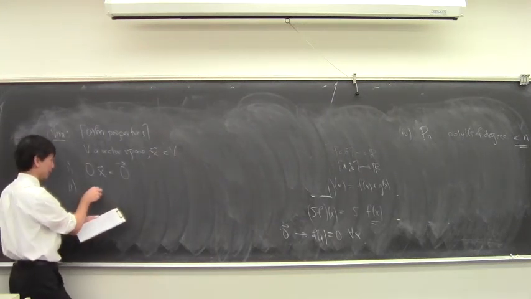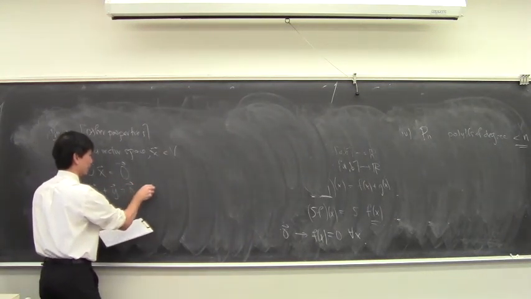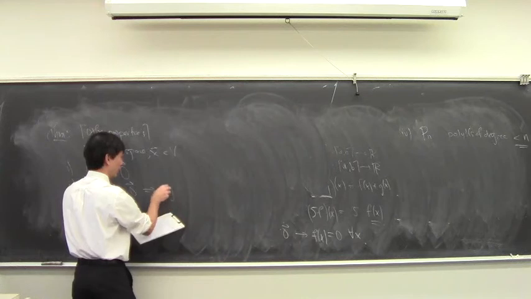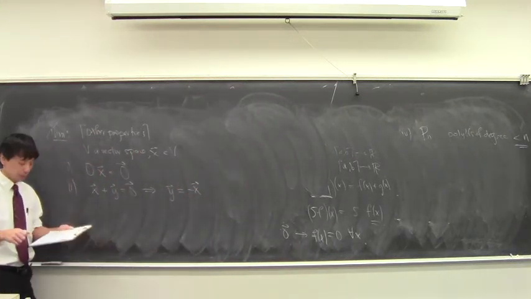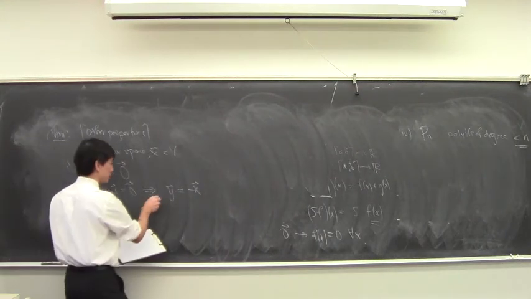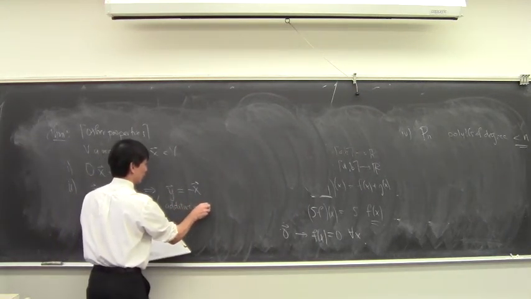The second one is that if x plus y is the 0 vector, then y has to be the additive inverse of x. So in other words, the additive inverse is unique.